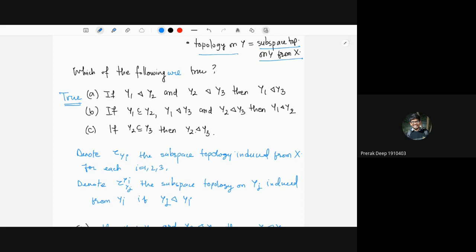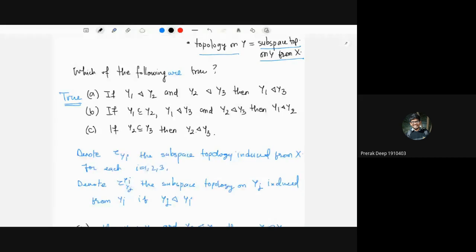For y2, for statement B also, this thing will hold. I will give a quick argument. So y1 is a subset of y2, y1 is triangle with y3, and y2 is triangle with y3.